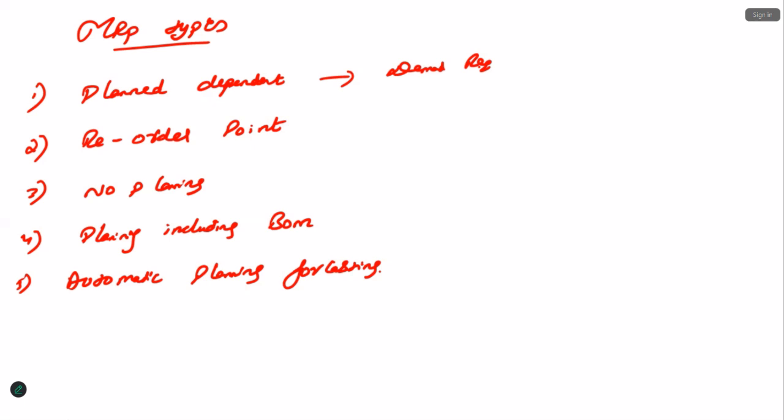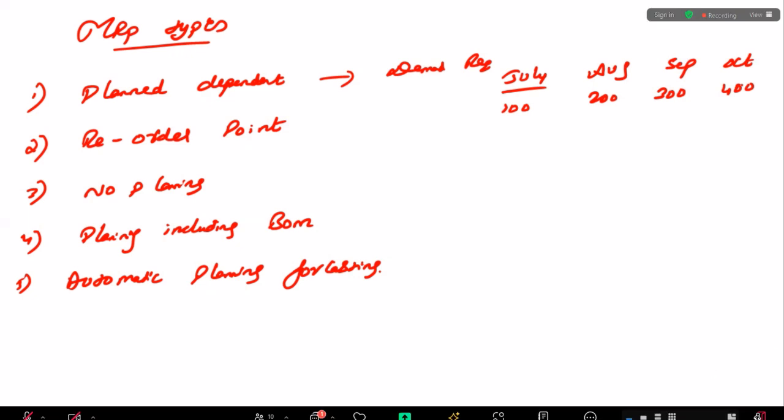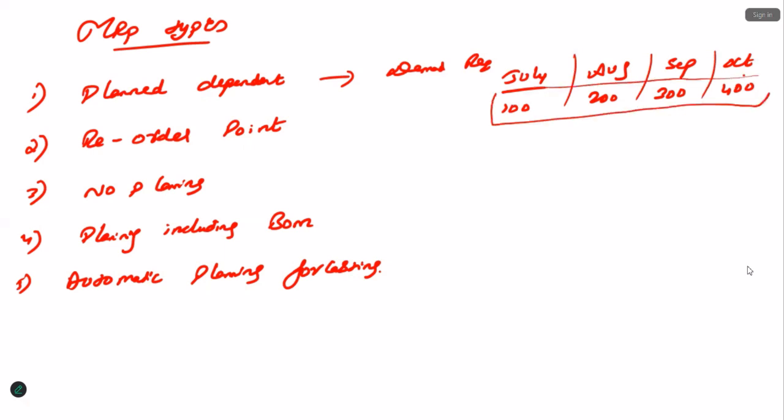I'm telling it that in the month of July I need 100 pieces, in August I need 200 pieces, in September I need 300, and in October I need 400. So I am giving the requirement to the system, and the system will plan accordingly. Every month, this is the quantity which will go to the supplier. That is plan independent.